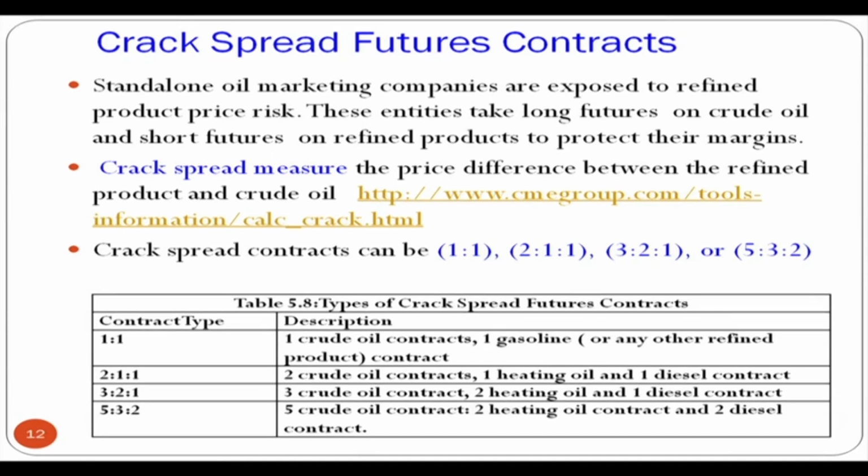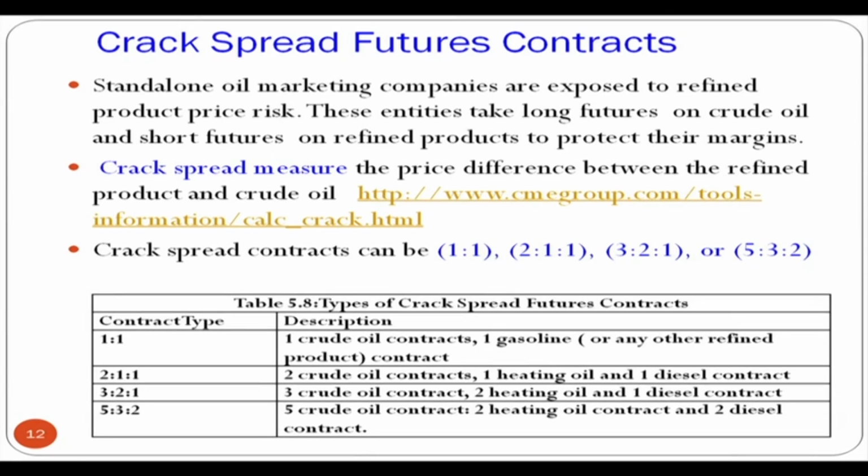That is, they are exposed to price risk from the input side as well as the output side. Let's say a refiner who does not produce crude oil buys crude oil, refines it and sells the refined product in the market.